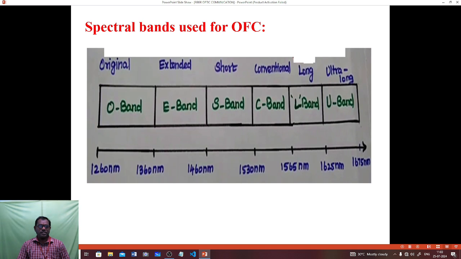These spectral bands have different wavelengths from O band to U band: 1260 nanometer for the original band, 1360 nanometer for the extended band, 1460 nanometer for the short band, 1530 nanometer for the conventional band, 1565 to 1625 nanometer for the long band, and 1625 nanometer to 1675 nanometer for the ultra long band.